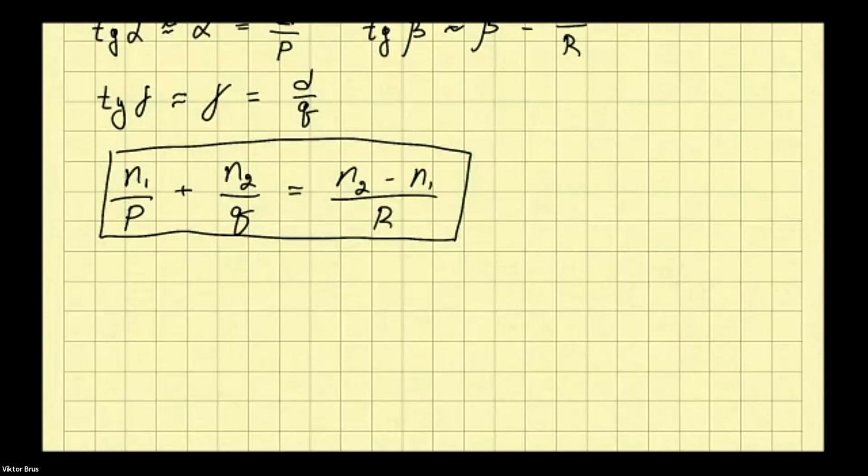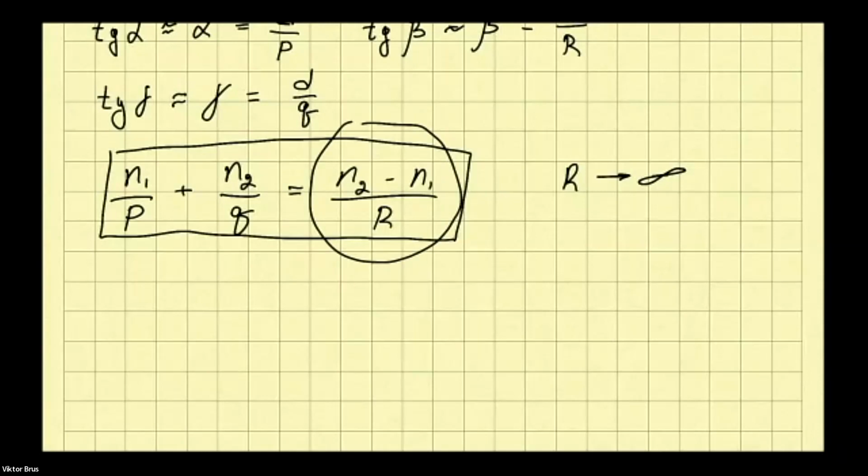So in that case, if it's flat, our radius of curvature should approach infinity. So R should approach infinity, which means that the right side of this equation will approach 0.